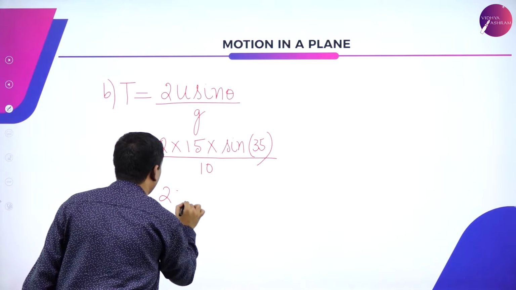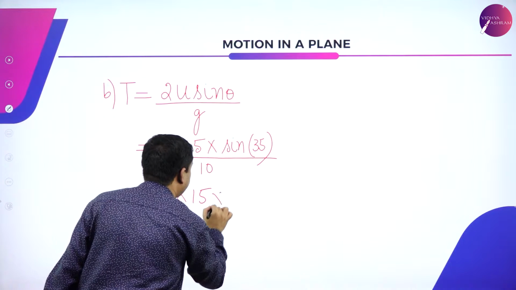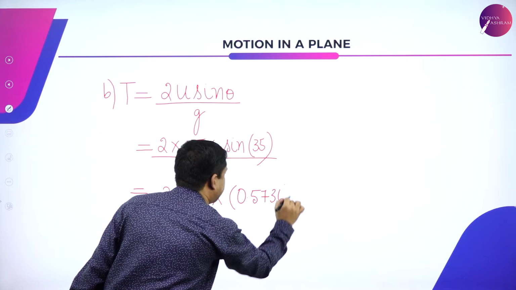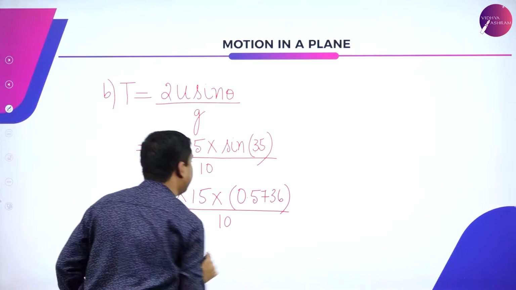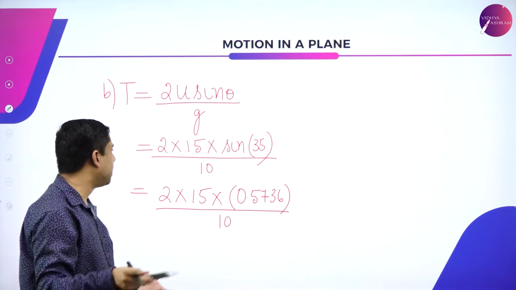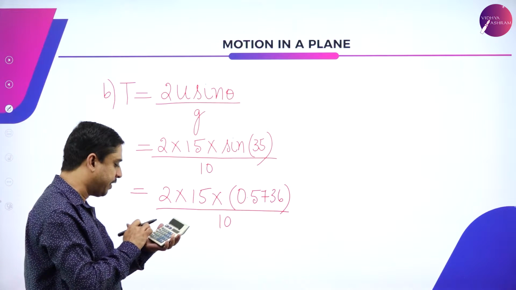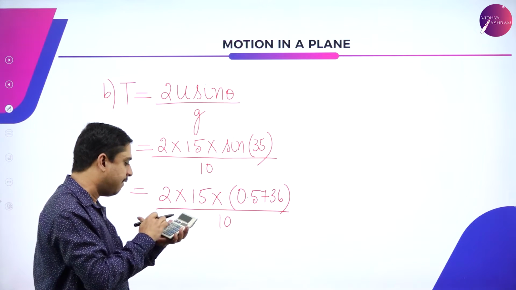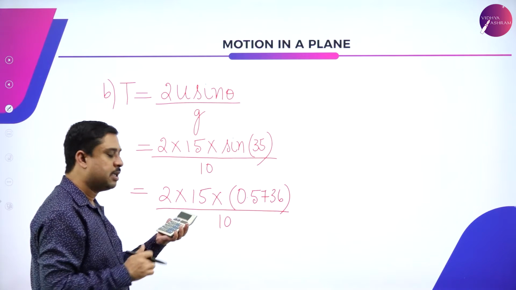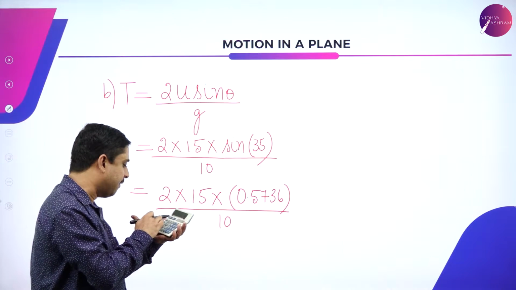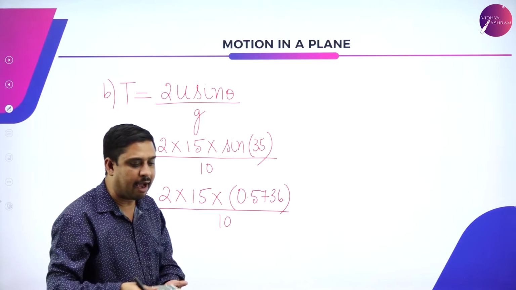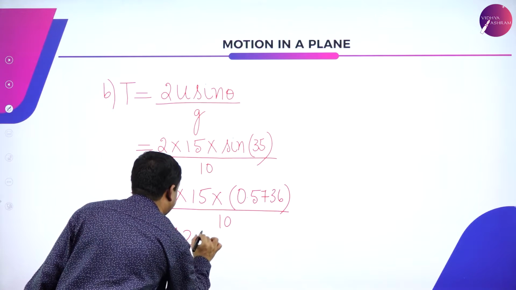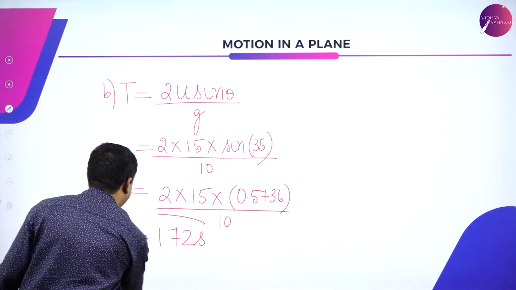So this is 2 into 15 into sine 35, 0.5736 divided by 10. So again, when you simplify, 2 into 15 is 30 into 0.5736, 17.2 divided by 10. So the answer is 1.72 seconds.